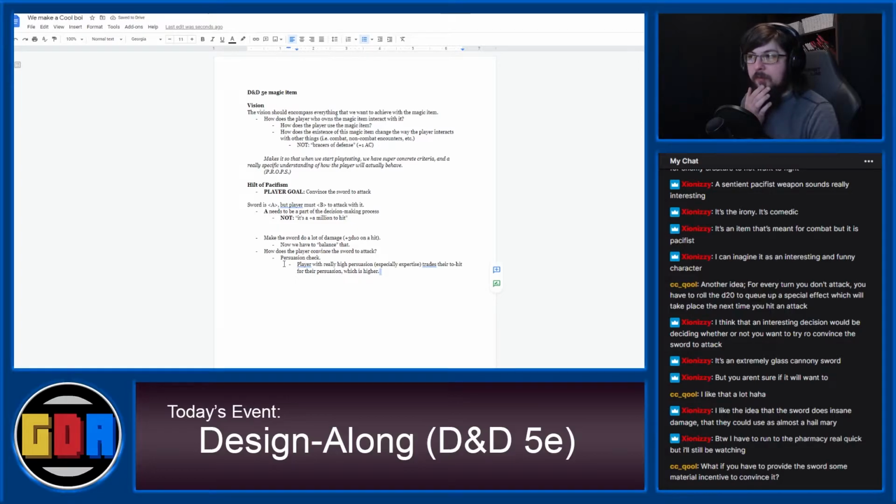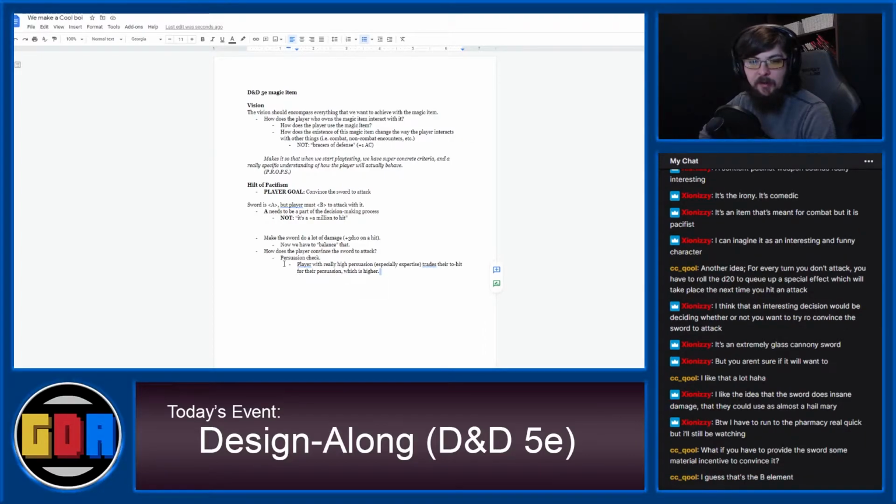Providing material incentive, maybe. It would depend on the process by which you provide material incentive, because I can definitely see a world wherein you just pay money to attack. And if you have gold, then this sword is nuts. And if you don't, then it's useless.